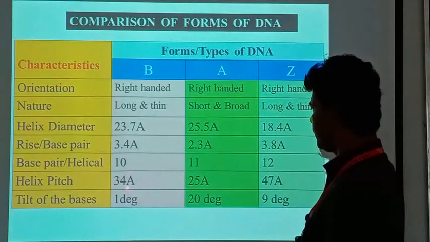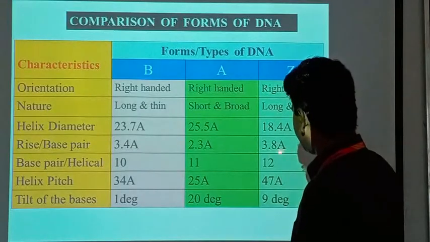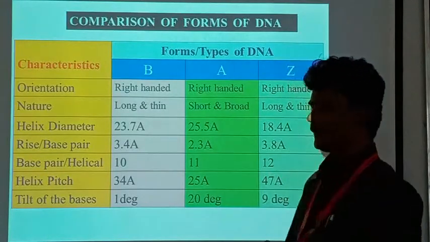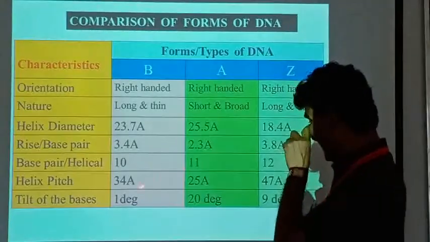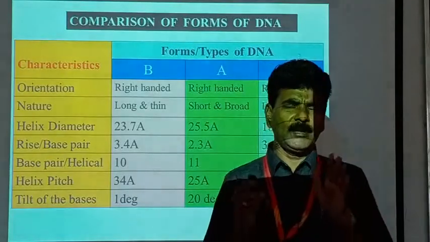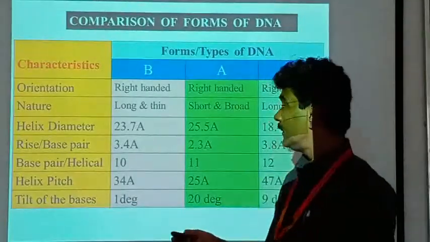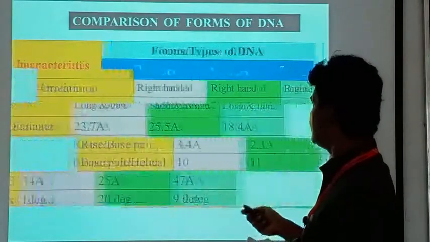Helix pitch 34, 25, 47. A drastic change is there in the Z, 47 angstrom. And finally, the degree of orientation, 1 degree, 20 degree and 9 degree. In this way, there is a complete difference between each type of DNA, B, A and Z.